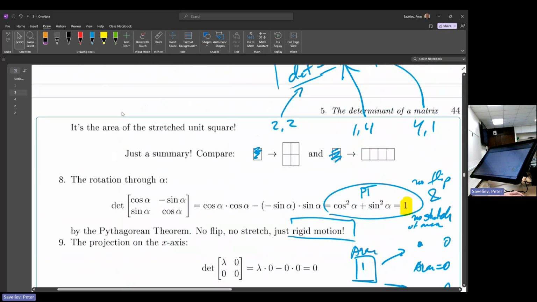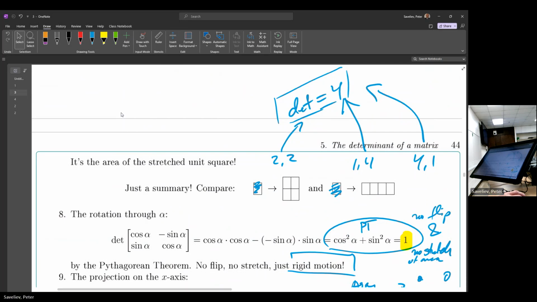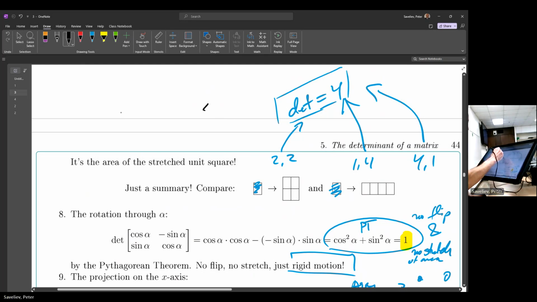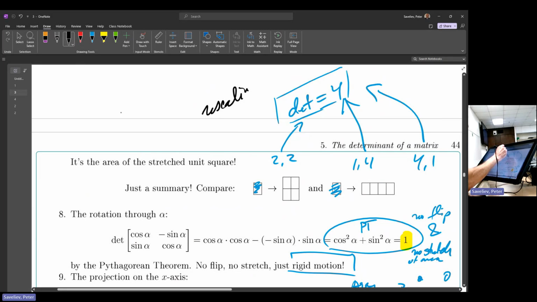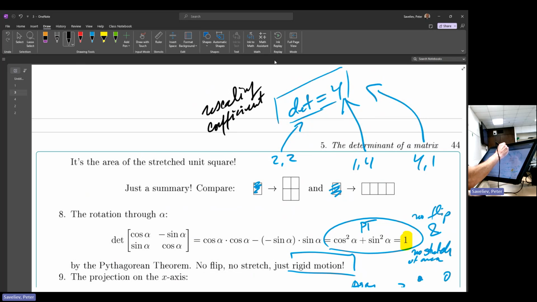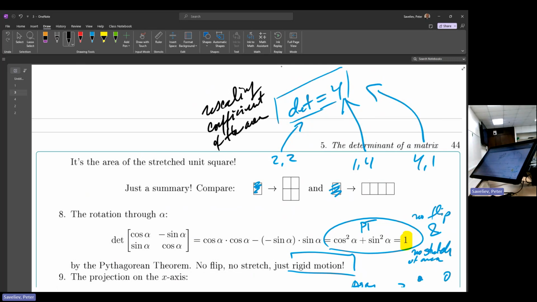Remember the determinant, once again, what it is: one way to interpret it is as a rescaling of the area. Rescaling coefficient of the area. So not the separate directions, the axes for example, but the combined direction.